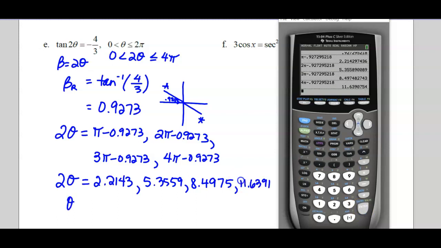Okay, then divide by 2. If you still have room in your calculator, you can just divide by 2, put it here, and then round to the nearest, usually nearest hundredth for radians. So here it says 5.32. Then this one, divided by 2.